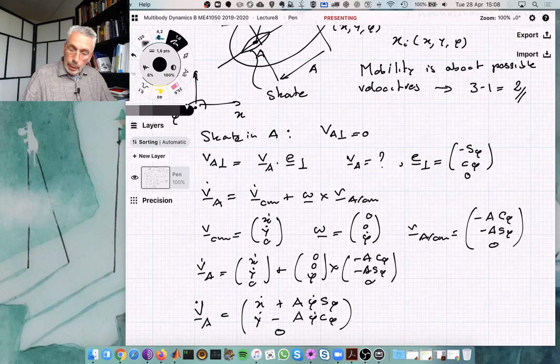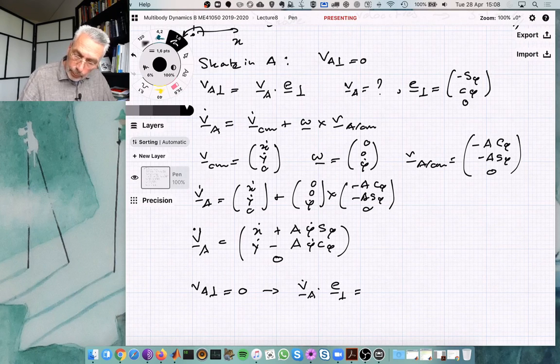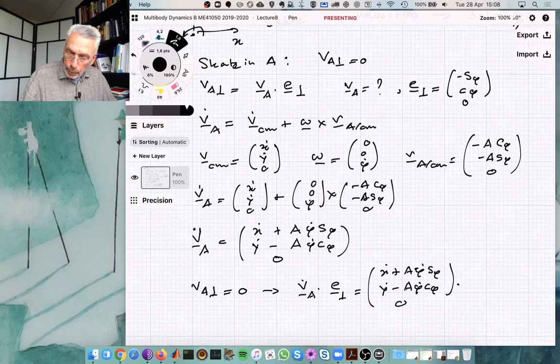Okay. Now finally, to find our condition, V A perpendicular is 0, we have to take this V A with this E perpendicular, and that is, well, let's write it out. X dot plus A phi dot sine phi, Y dot minus A phi dot cosine phi, 0, dotted with the minus sine phi, cosine phi, 0.